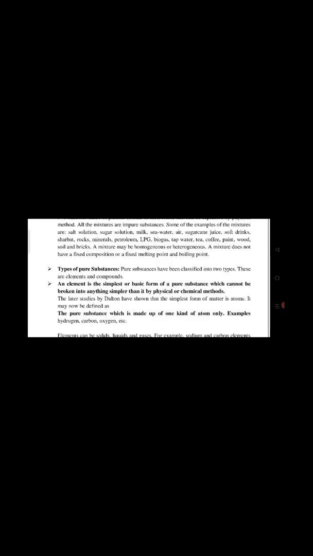An element is the simplest or basic form of a pure substance which cannot be broken into anything simpler than it by physical or chemical methods.